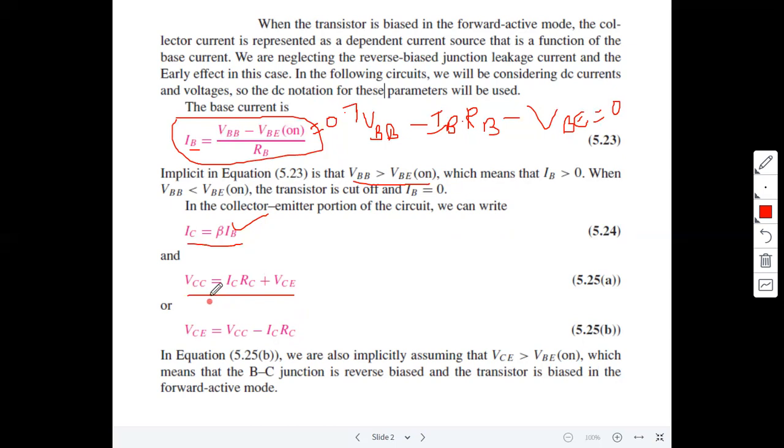VCC is equal to IC into RC plus VCE. From that, output voltage VCE is equal to VCC minus IC into RC. So this is input current, this is output current, this is output voltage.